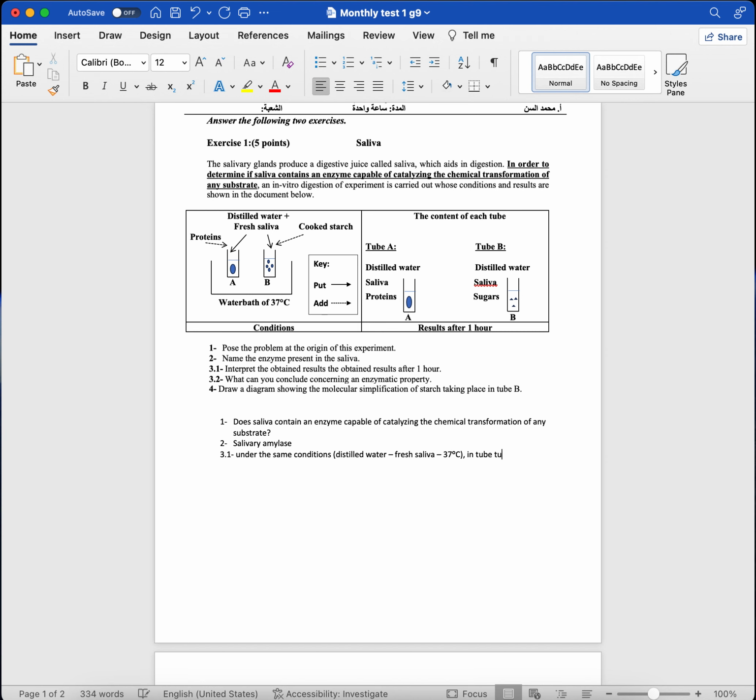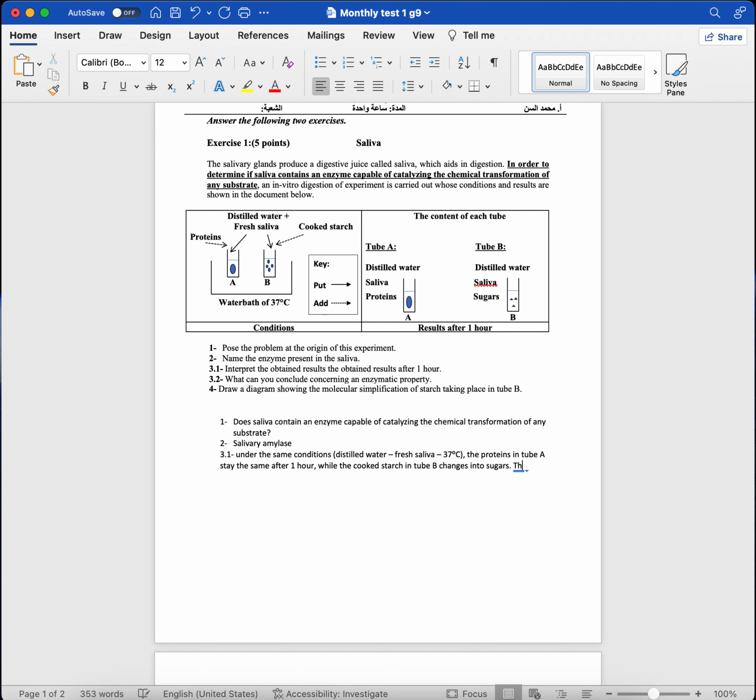The proteins in tube A stay the same after 1 hour, while the cooked starch in tube B changes into sugars.